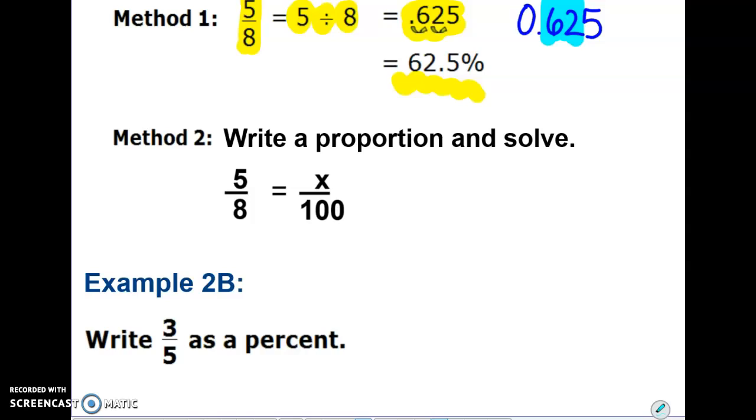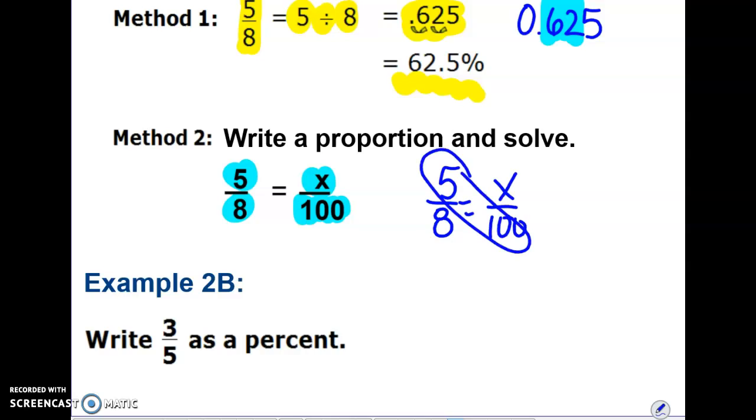Another way to do it is to set up a proportion. When we did proportions earlier, we know that percent means out of 100. So we could say 5 is to 8 as x is to 100. And remember when we did our cross products earlier this year? We could do our cross products. We could multiply this way, and we know this product is 500. We know that this product has to also be the same as 500.